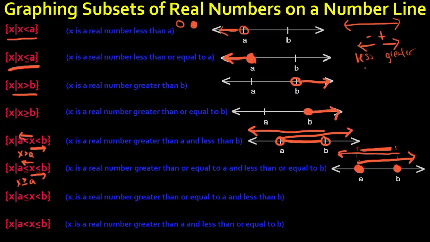So this is the only area where the statement x such that a is less than or equal to x, which is less than or equal to b, is true. So this is the only place that that statement is true, between a and b. This time it's including a and b.